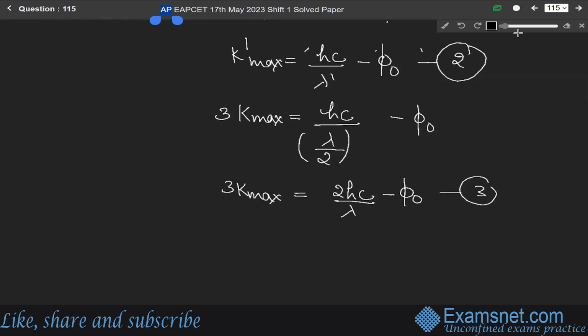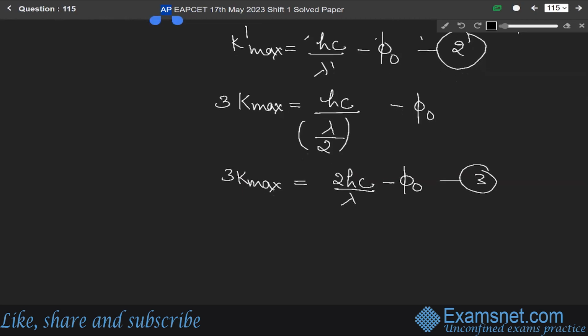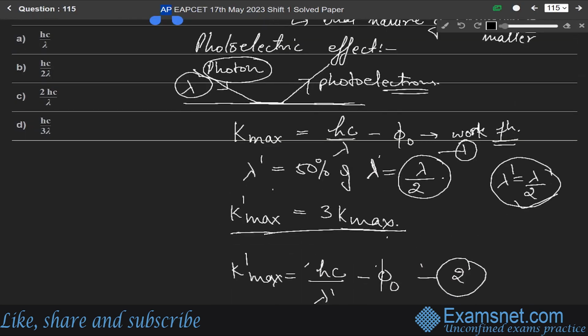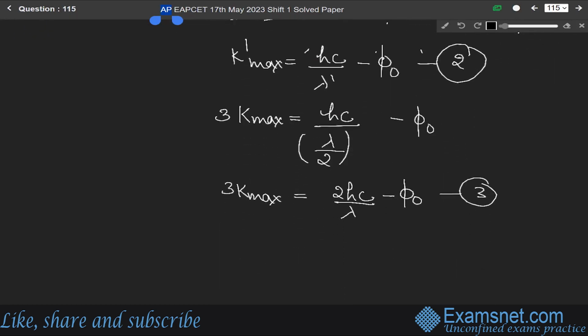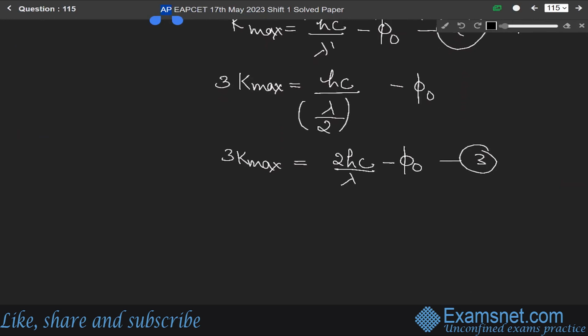Let us say this is equation 3. Now dividing equation 1, K maximum equals hc over lambda minus phi naught, by equation 3, 3K maximum equals 2hc over lambda minus phi naught.